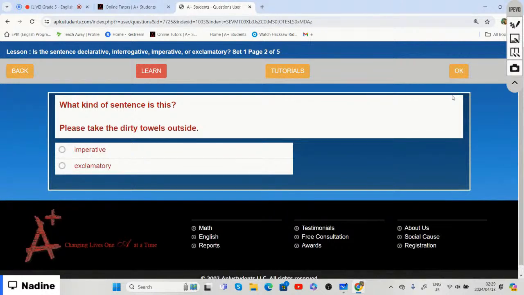All right. What kind of sentence is this? Please take the dirty towels outside. Is that an imperative sentence or an exclamatory sentence?